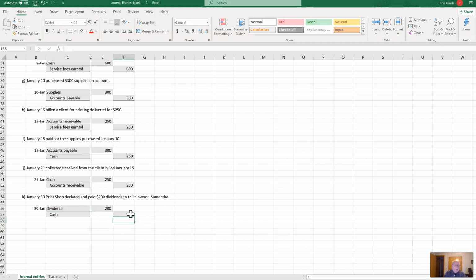Now what we did there was we increased the account called dividends, which is an account by itself. That carries a debit balance. Okay, so by $200, and we decreased the cash by $200. So we're okay. Okay, that's how you do journal entries, and that's probably enough for now. And the next slide, we're going to post these into the T accounts right there.